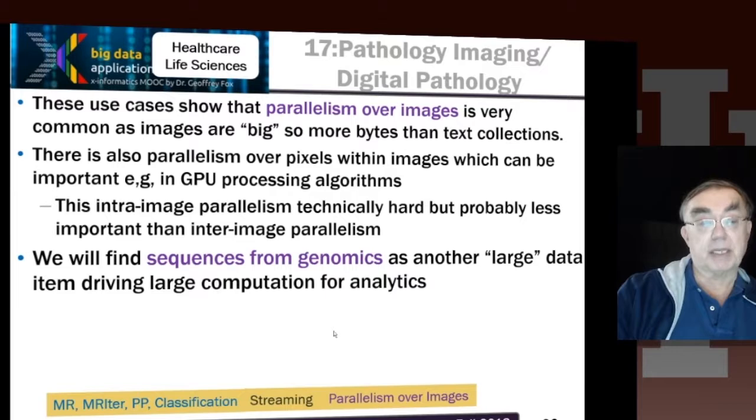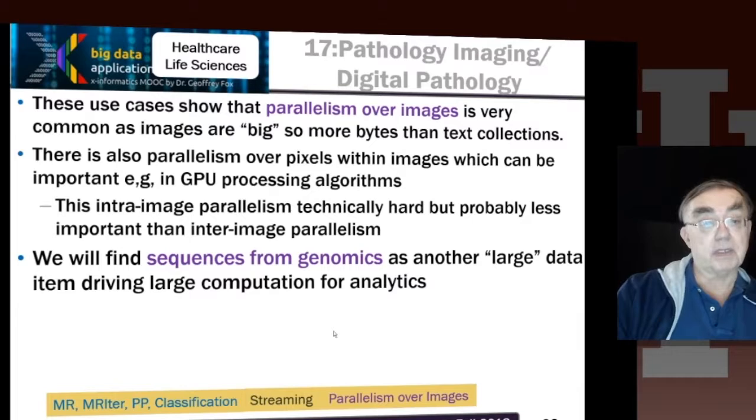So images are big. That's why they're important in big data. Notice we have parallelism over images and parallelism over pixels within images. So inter-image and intra-image are examples. Actually, the intra-image is being more fully studied than inter-image, but it may not be as important, even though it's technically very interesting and actually pretty hard.